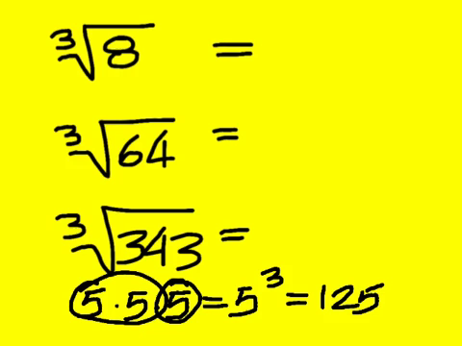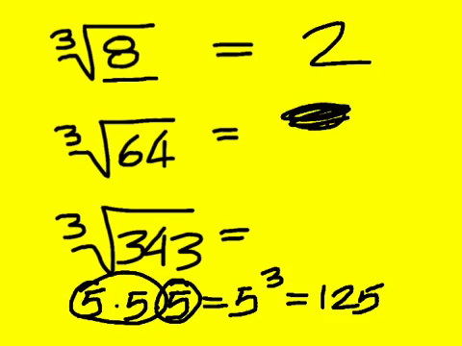So what number would I multiply by itself, then by itself again to get 8? Not 4. 2. 2, yes. What number would I multiply by itself and then by itself again to get 64? 4, yes, that's right.